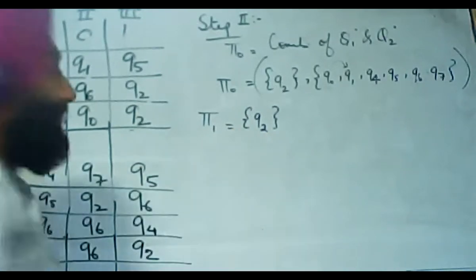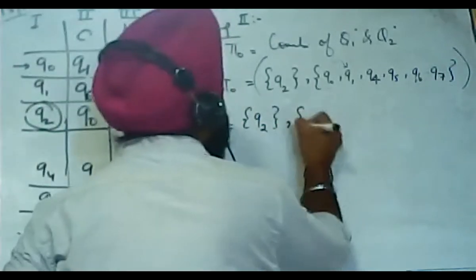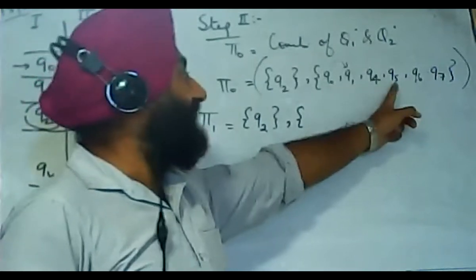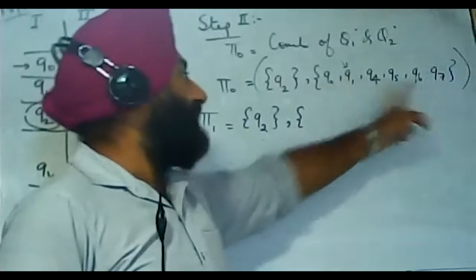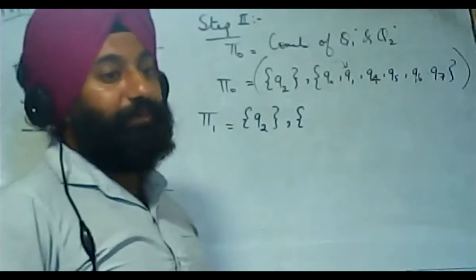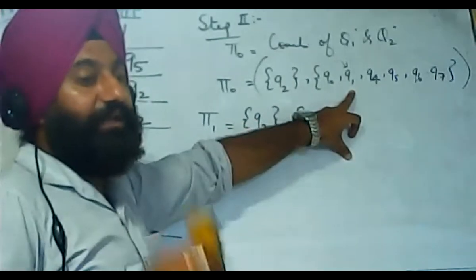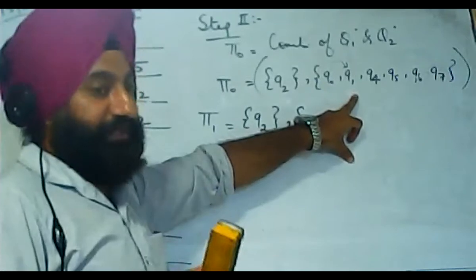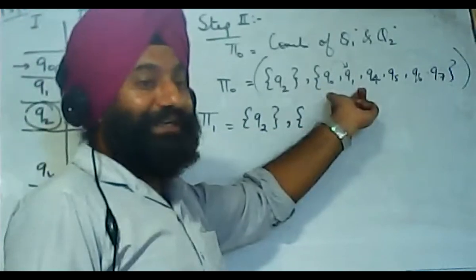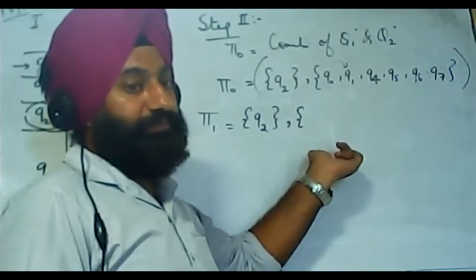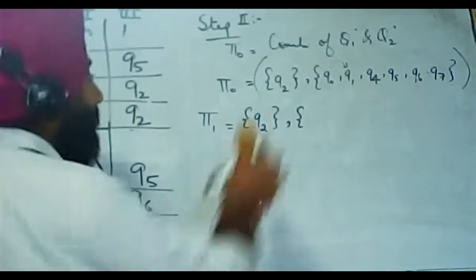After this, you need to compare Q naught with Q1, Q naught with Q4, Q naught with Q5, Q naught with Q6, and Q naught with Q7. When you are comparing, if those states are contradicting, make one new set. If those states are not contradicting, write those states in the same set. Right? So let me start with the concept.